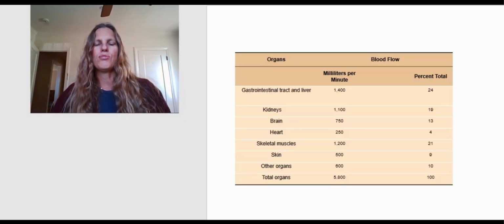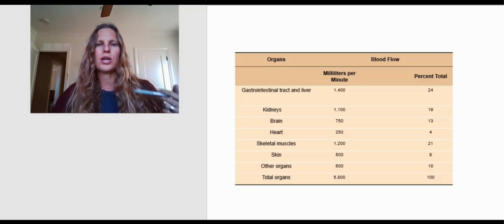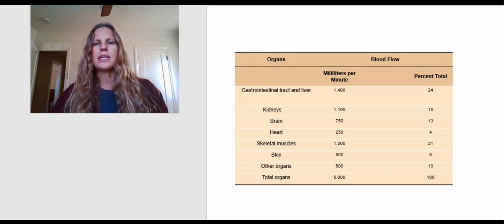All right, so you don't need to memorize any of these numbers, but just for an idea, you can see how your blood is kind of distributed at any given moment.